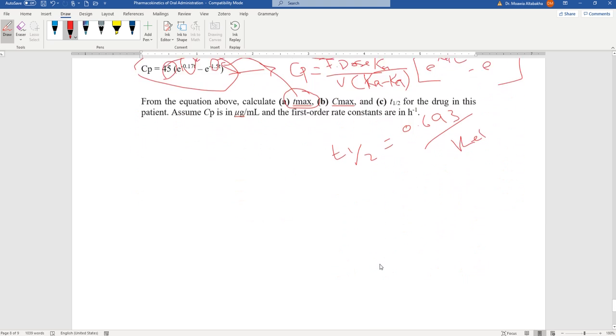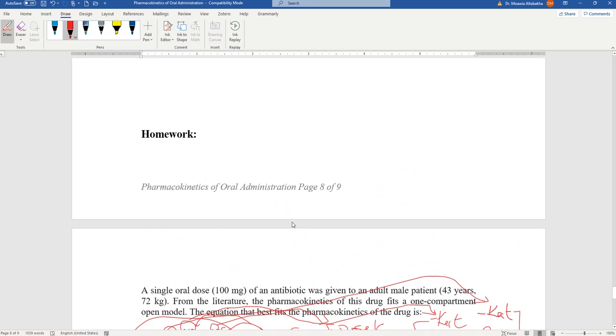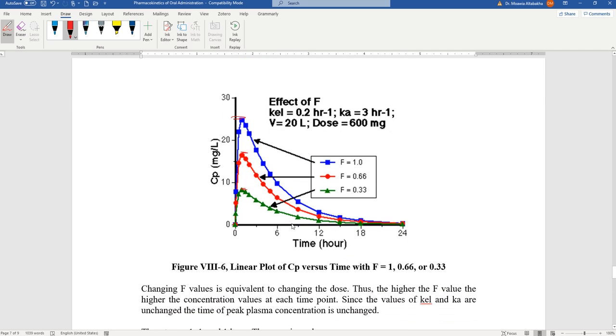I hope you enjoyed this topic. It's a very important topic. Inshallah, later the other part of this, which is pharmacokinetics for oral administration, is to be able to understand two things: how to do an experiment to calculate Ka and also F, because these are two important things.